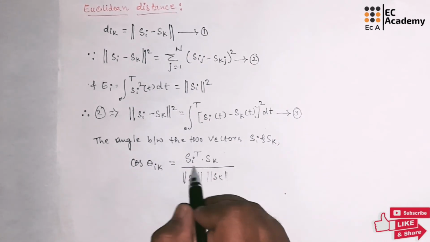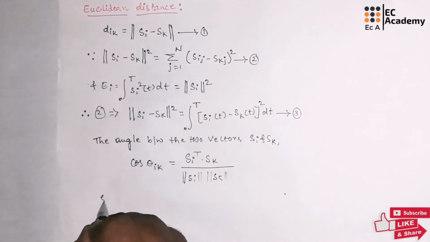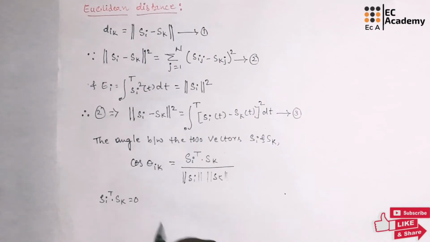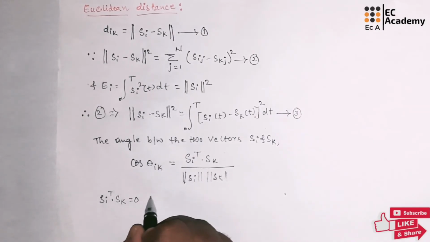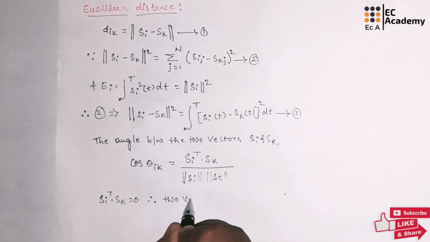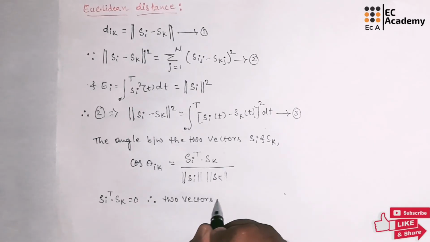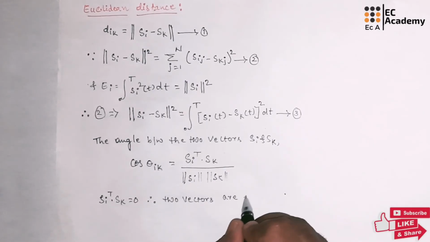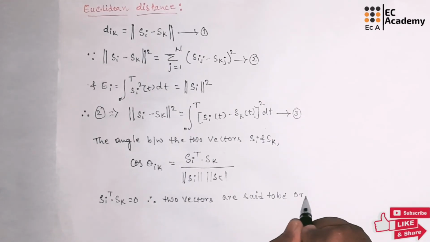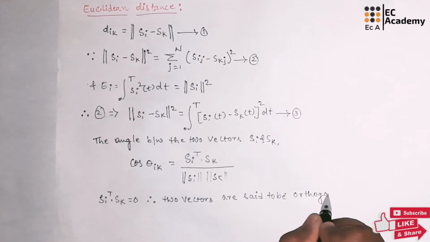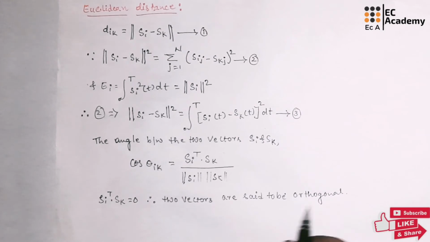When the numerator is 0, which means when Si to the power of t into Sk is equal to 0, this entire term will become 0. Therefore, these two vectors are said to be orthogonal or perpendicular to each other.